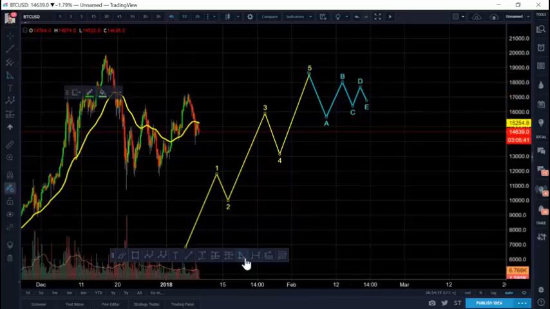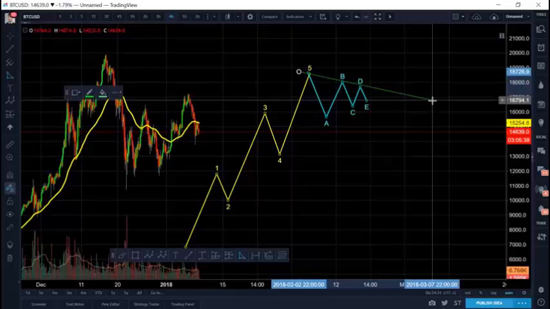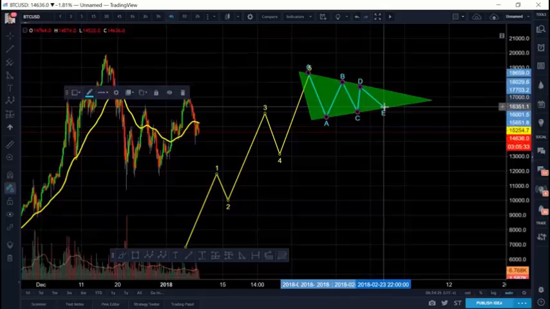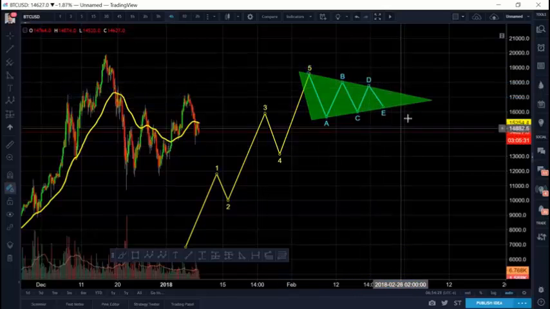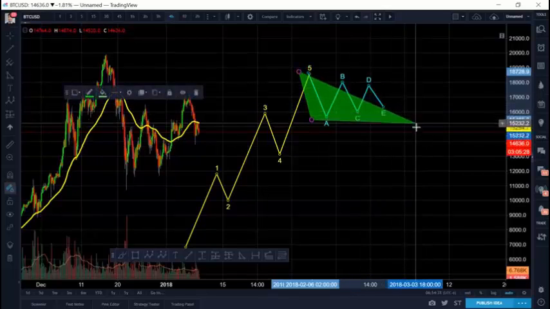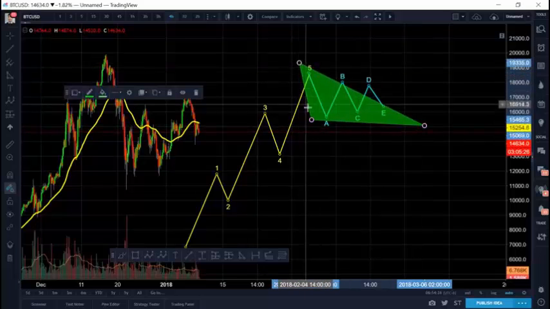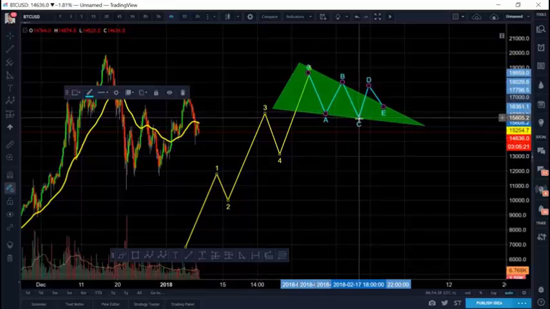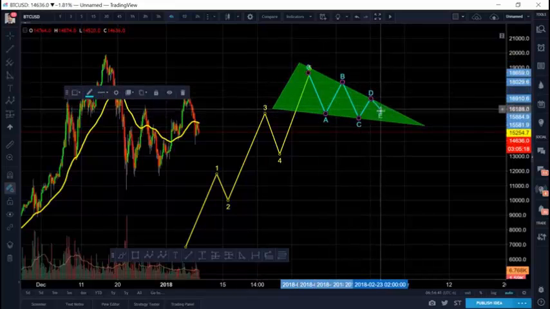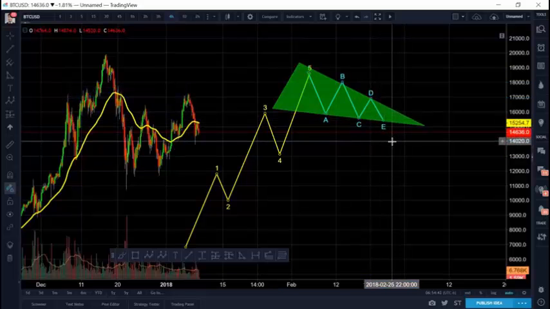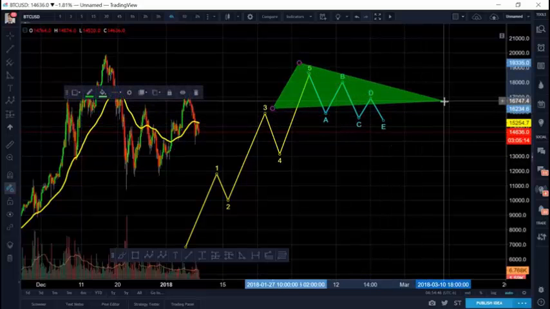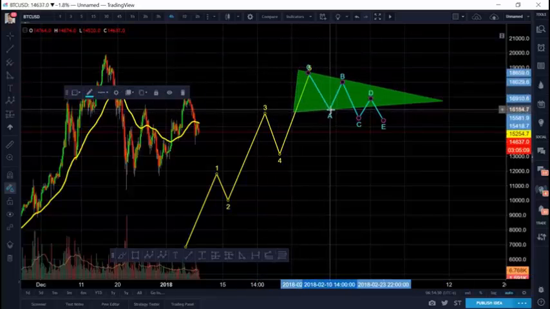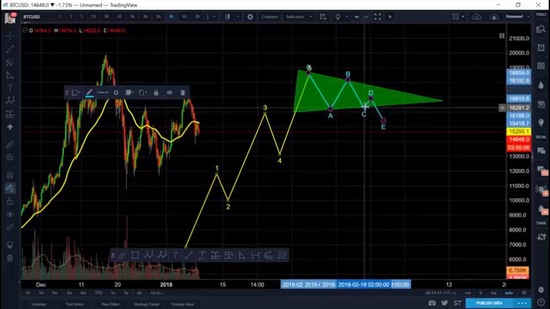And what that ends up doing is it ends up wedging, like that. I probably drew it a little bit off. Or other times, it might end up making patterns like this, where it makes a flag consolidation. And other times it could be just a symmetric one, like that, where you're really unsure of what can happen.